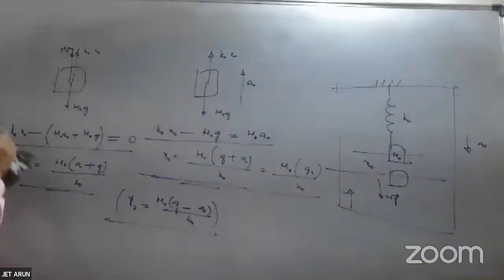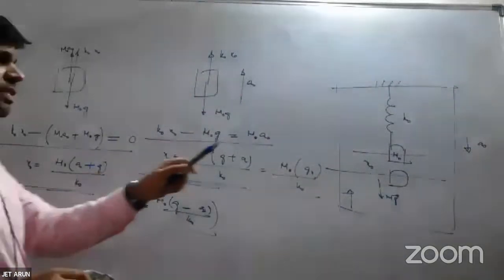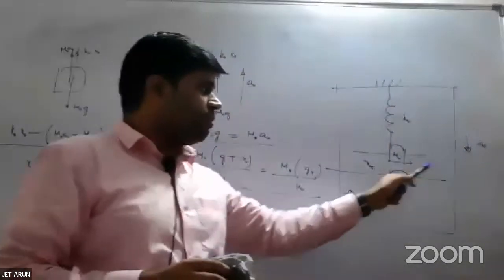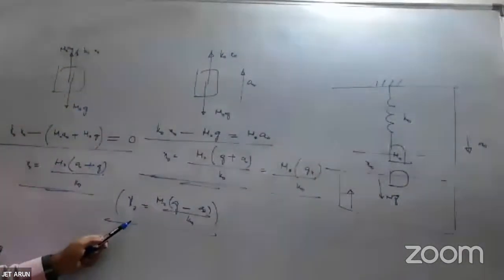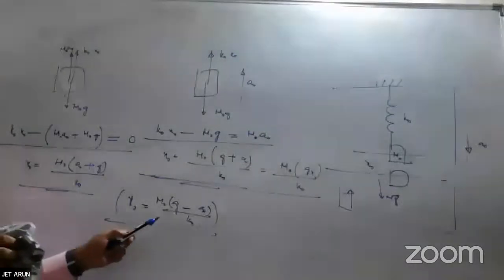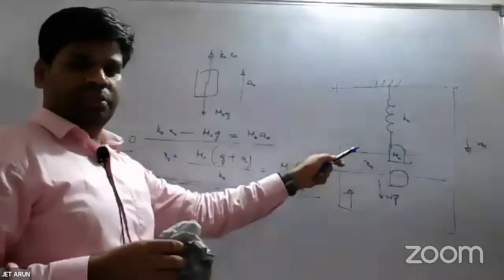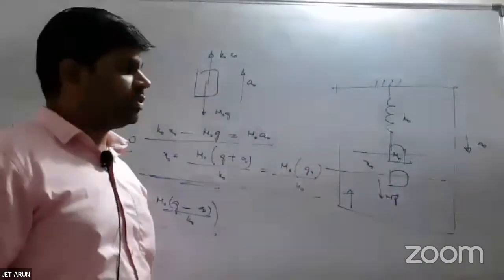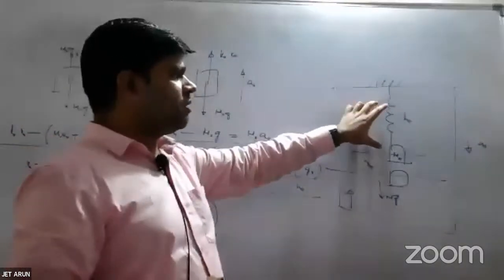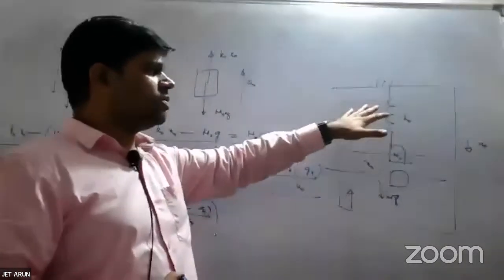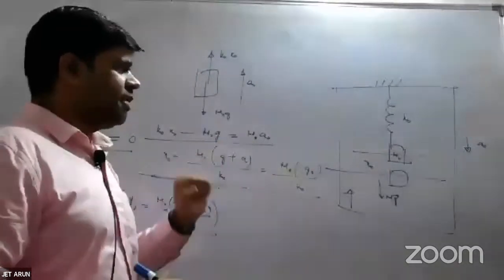Now let's look at one thing. If this were to move with an acceleration g, what would be the equilibrium extension then? Zero. That means my natural length is my equilibrium position. It is the same as a horizontal plane.